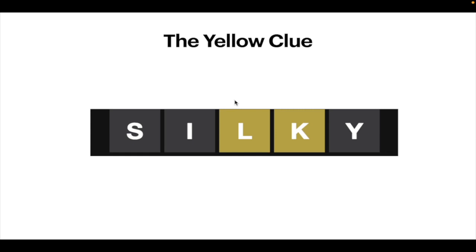So we can eliminate all words that do not contain L and K. And second, we can also eliminate words that have L in the third position and K in the fourth position, given that they are not located there. Thus, it would be helpful to maintain a hash map called incorrect mapping that stores where a particular letter is not located.